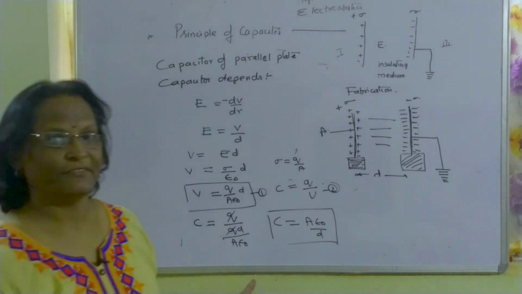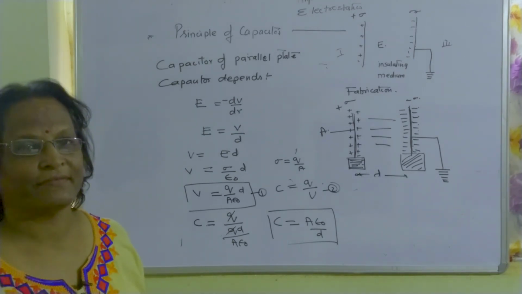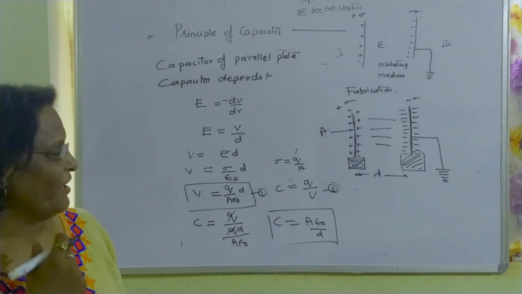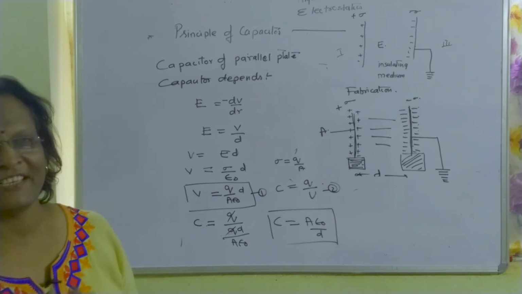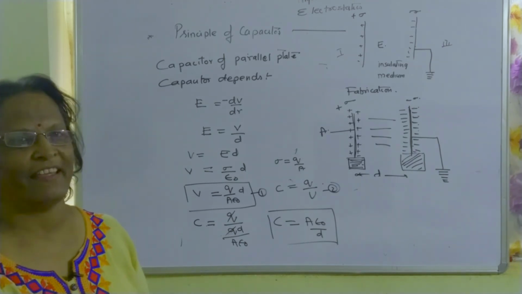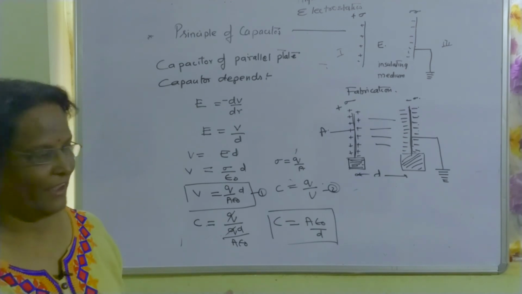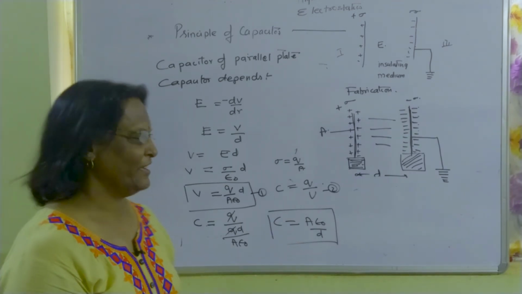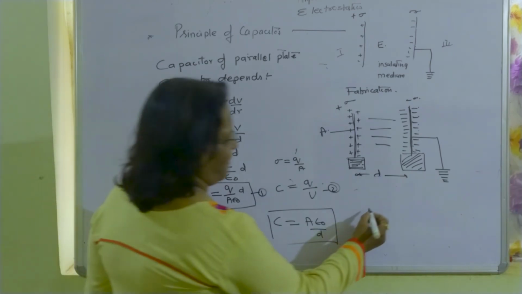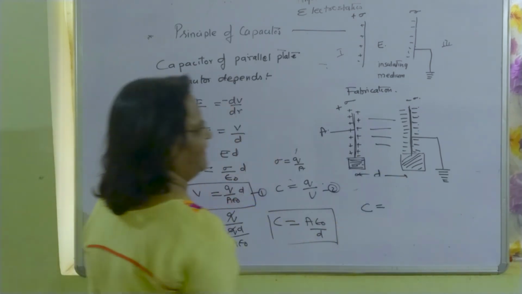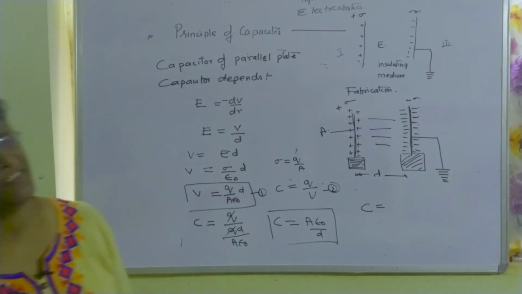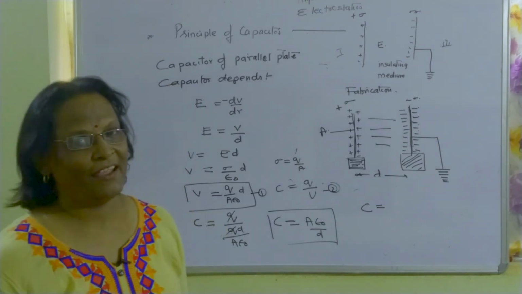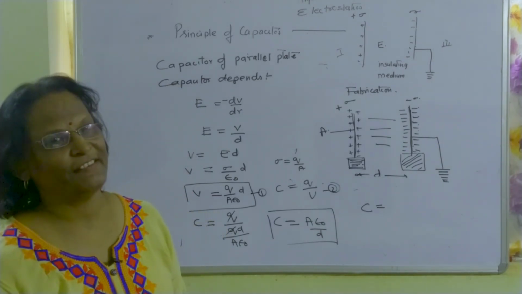Observe what has happened. The part which was responsible for the capacitance has disappeared. You see, there is no Q existing here now. So that means the capacitance is independent of the charge supplied.